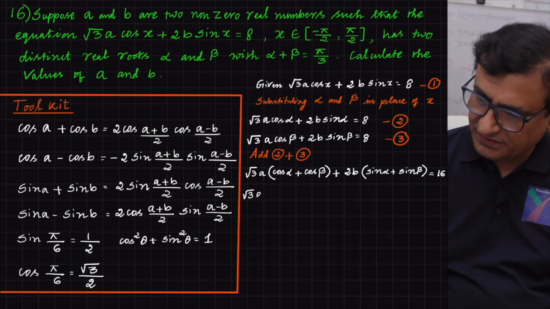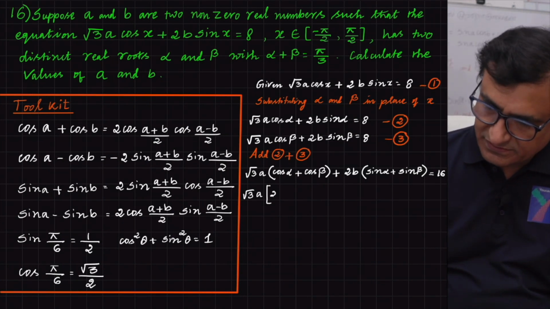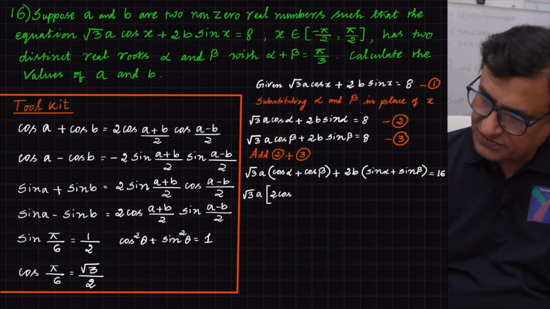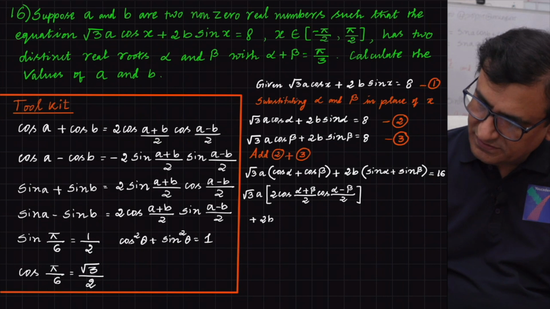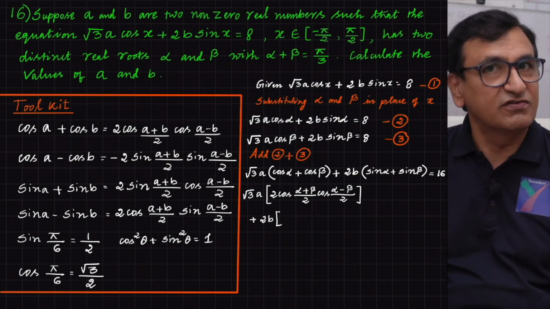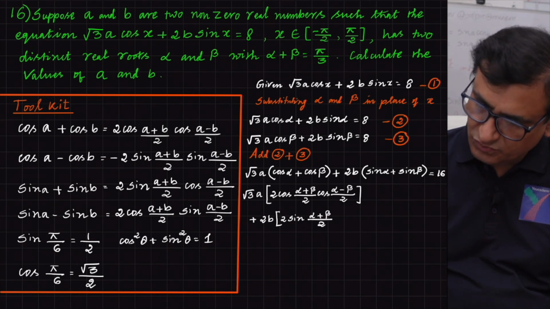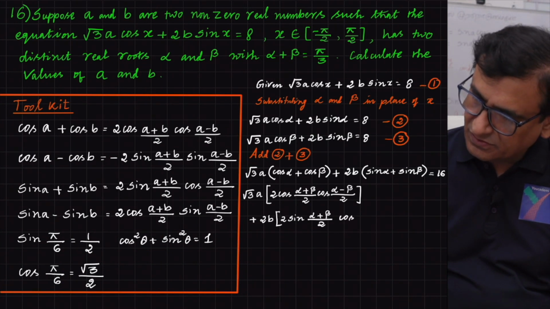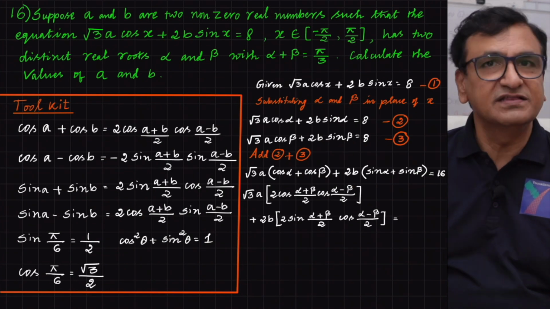We have square root of 3 a, open a large bracket, 2 cos alpha plus beta by 2 cos alpha minus beta by 2, close the bracket, plus 2b, open the bracket, 2 sine alpha plus beta by 2 cos alpha minus beta by 2, and of course, on the RHS we have 16.